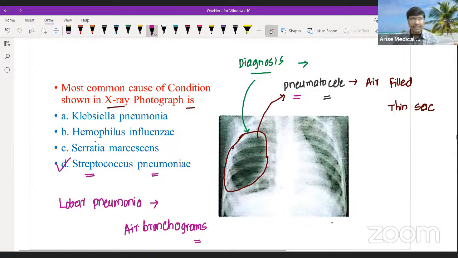And what are the organisms which will cause lobar pneumonia in the options given to you?